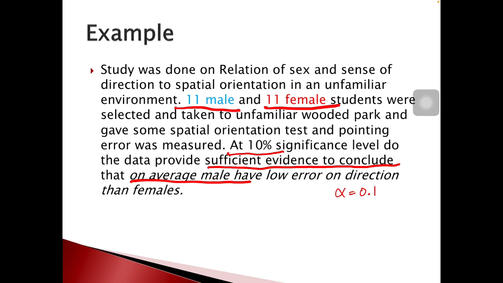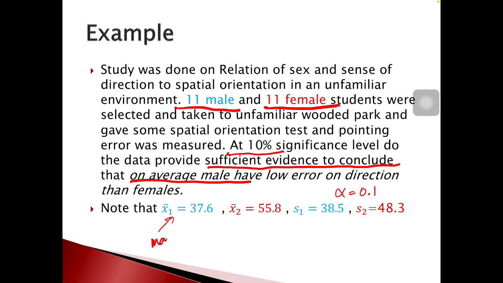So we have 11 male and 11 female students, alpha is 0.1, and they have also given x1 bar, which belongs to the male population, and x2 bar, which belongs to the female population. X1 bar means the mean of the male sample, x2 bar is the mean of the female sample, s1 is the male sample standard deviation, and s2 is the female sample standard deviation.